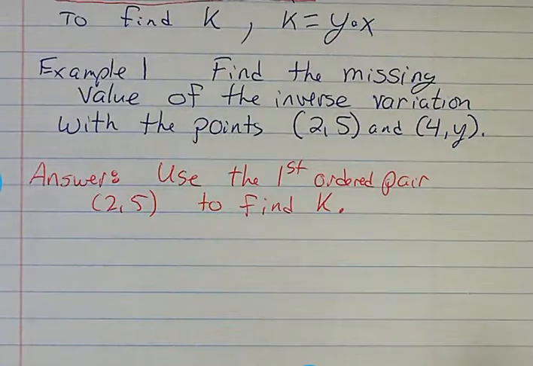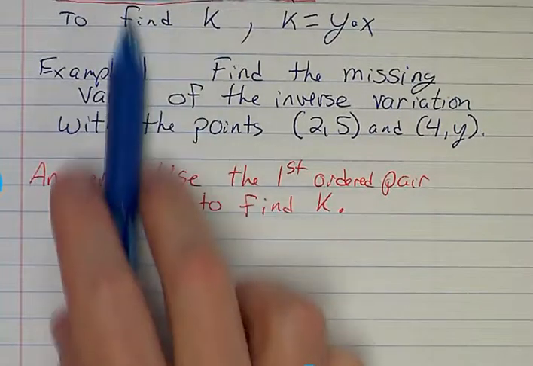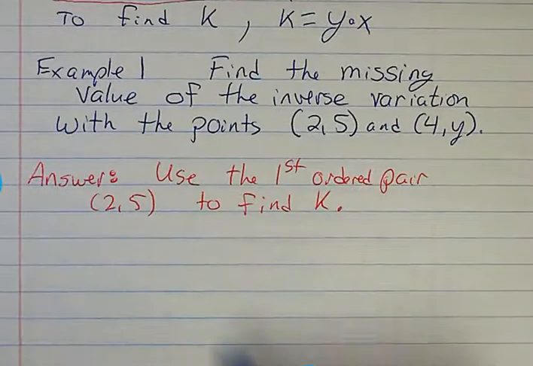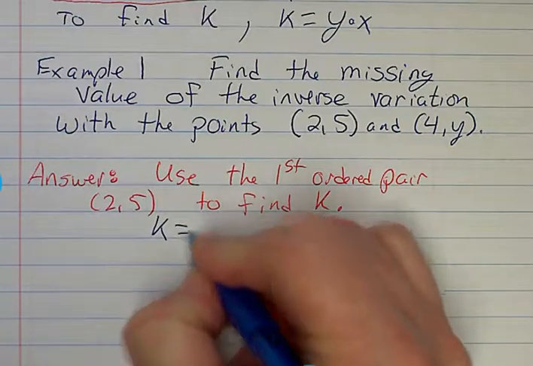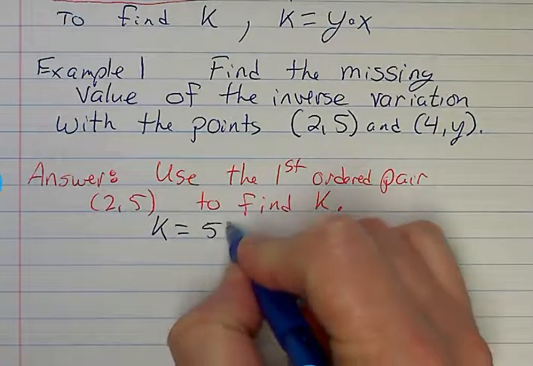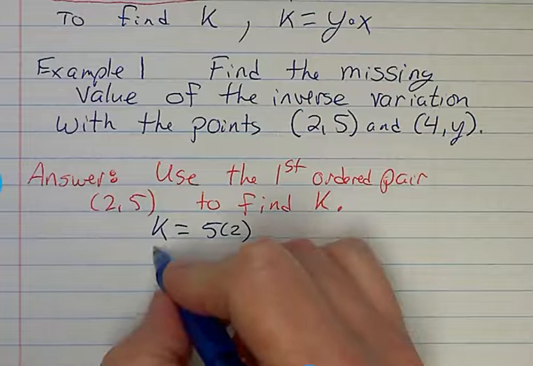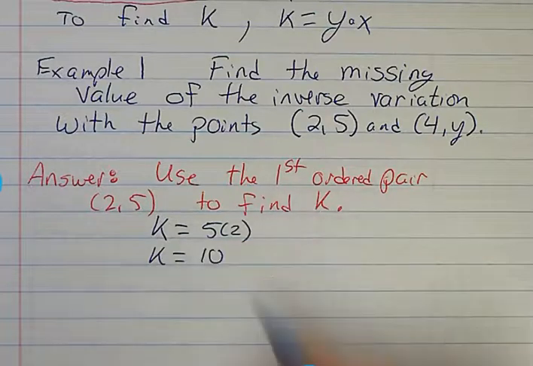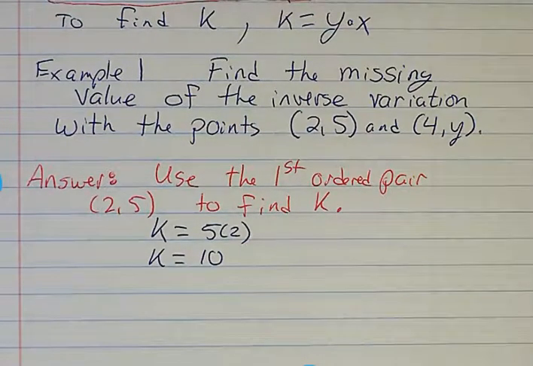So we set up here at the top of the page that to find the k value, if it's inverse, k is going to equal y times x. So k would equal 5 times 2. So the k value is 10.